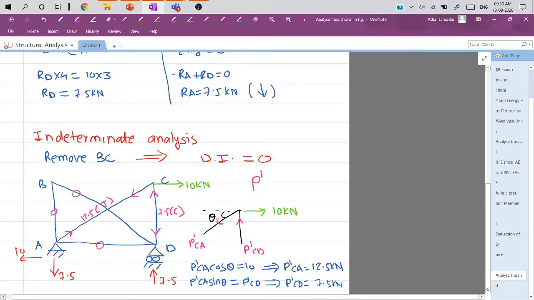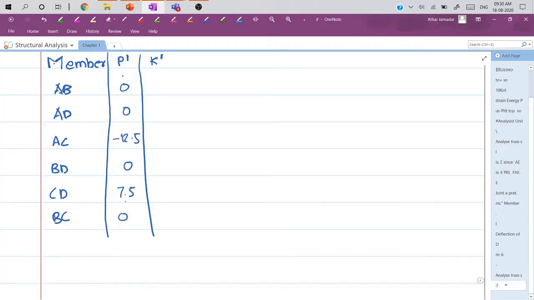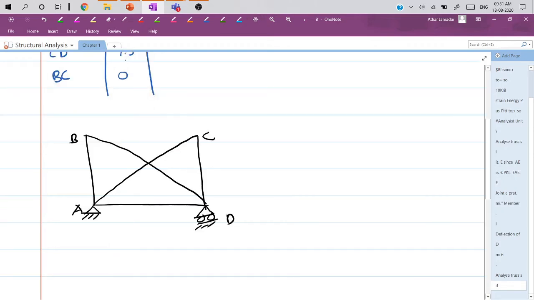First of all, I will draw the truss. Now K dash is nothing but, whichever member we have removed, on that member or in the line of that member we have to apply an external load of 1 unit or 1 kilonewton, in the same direction at both the joints.